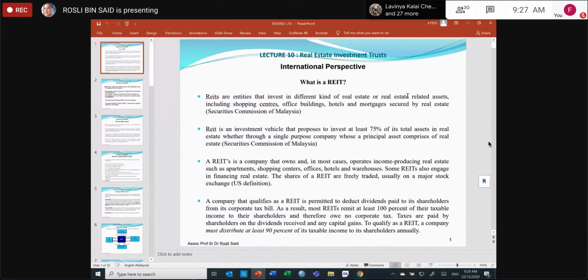Lately, in terms of diversification, the trend is that REITs are not only in one particular sector. For example, if you want to invest in the commercial sector, REITs nowadays try to purchase properties in different sectors as well. That's why they diversify their business.